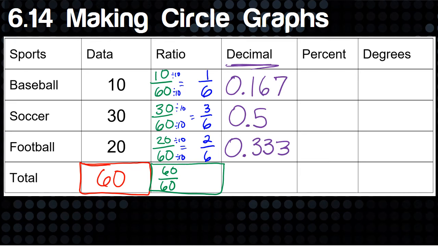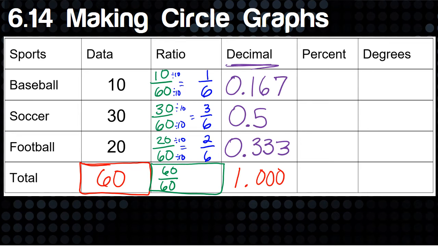When you add up all these decimals together, if we didn't round, it would come out to an even number, but since we rounded, 0.167 plus 0.5 plus 0.333 gets us super close to 1.000.